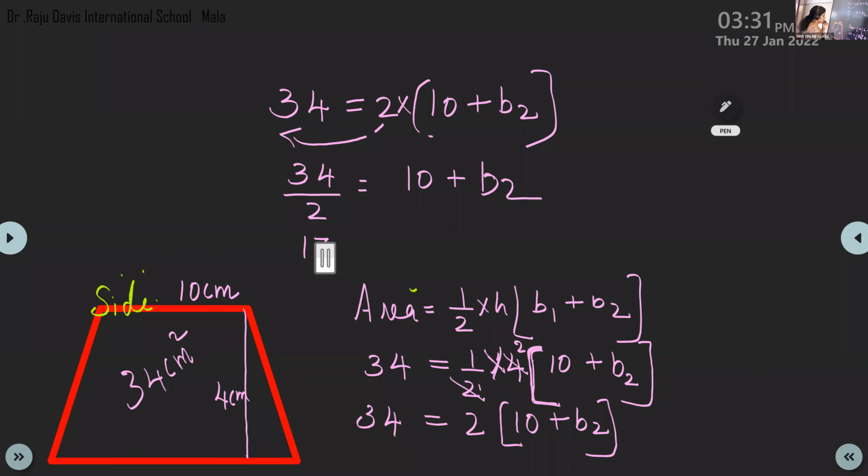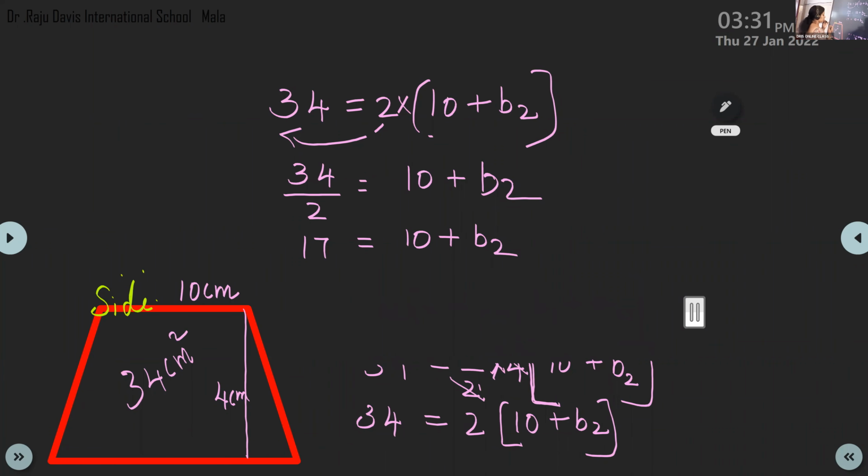Can you hear me what I'm saying? Yes, ma'am. So 17 is equal to 10 plus B2. Now how will you find B2 from this? Which number will you transpose to the left side? 10. So 17 minus 10 will give you B2.